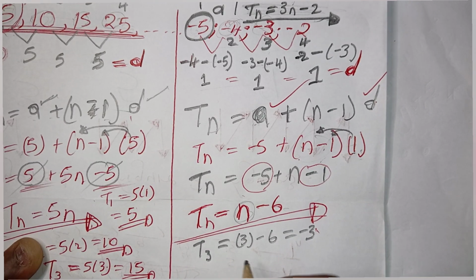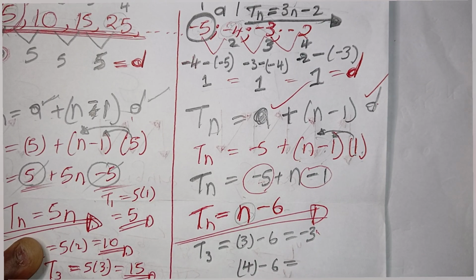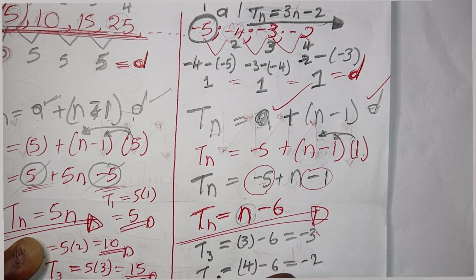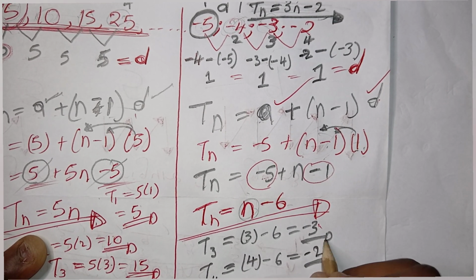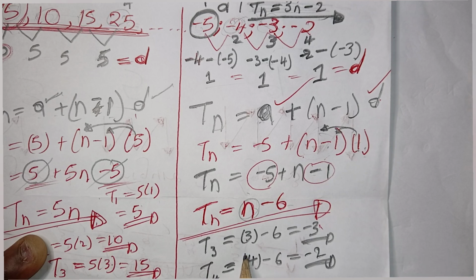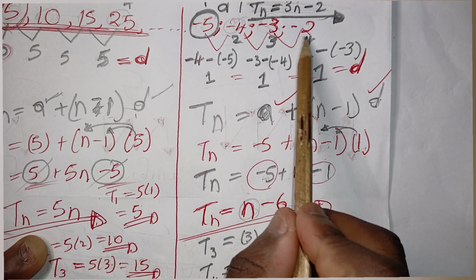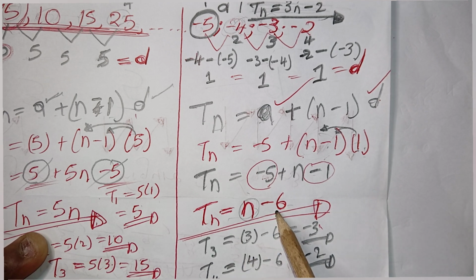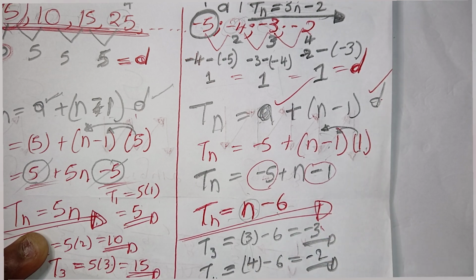Then if I substitute 4, there I must get negative 2 as the answer, guys. So since I find that when I substitute my position, I get exactly the terms I'm given, this simply says that our answer there is correct.